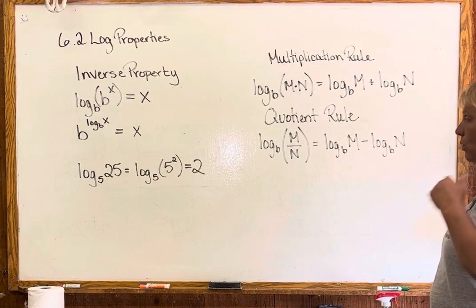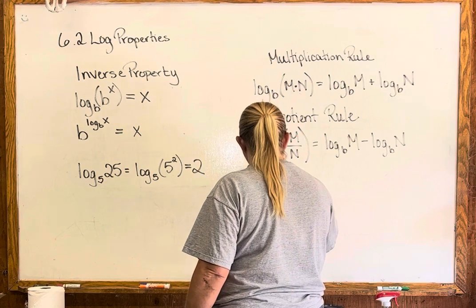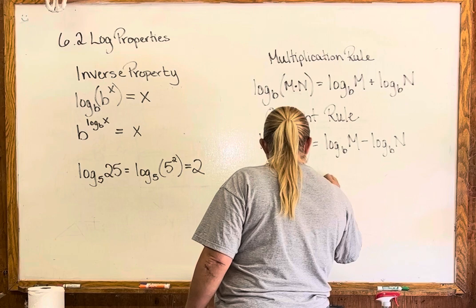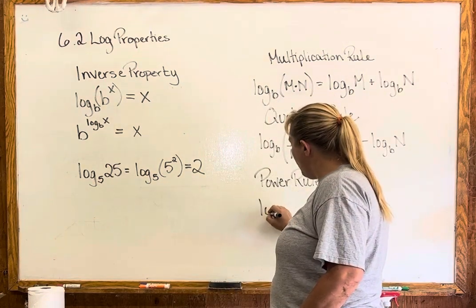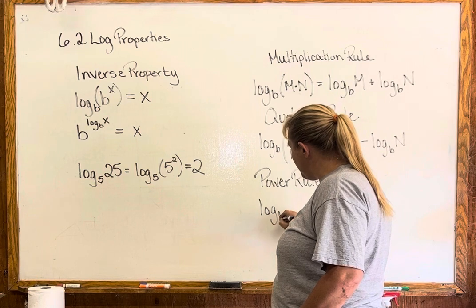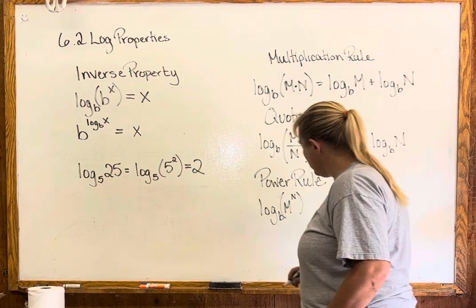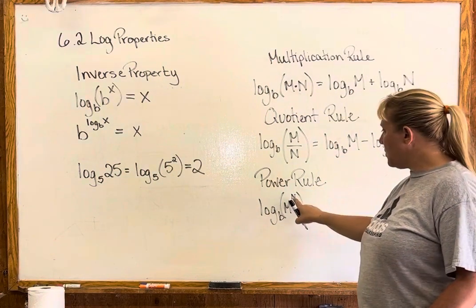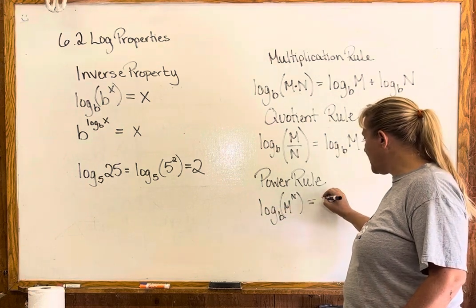Then we have what we call the power rule. And the power rule looks like this. If we've got log base b of m to the n power, okay, so m to the n power, we can pull this n down to the front and do multiplication.